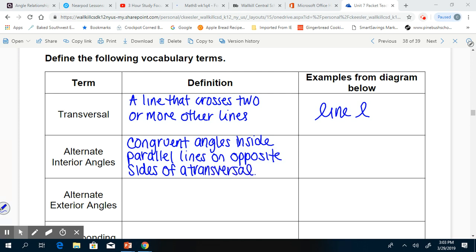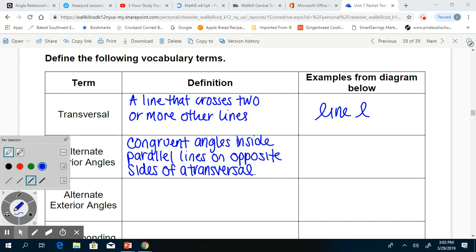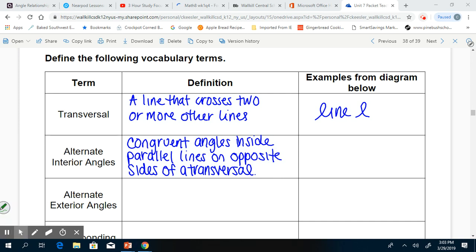So some key words from that definition that can help you figure out what they are is inside, because interior means inside, and opposite sides of the transversal. So we're looking for angles that look like they're the same measure inside parallel lines on opposite sides of the transversal.